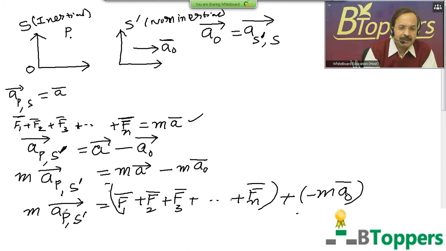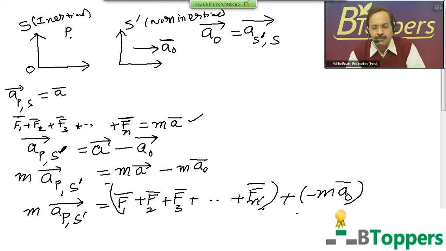But the product of the mass of the particle and acceleration of the particle with respect to non-inertial frame S dash will not be equal to the vector sum of all the real external forces acting on the particle. That means you cannot apply Newton's laws of motion in the original form, in the general form, with respect to non-inertial frame of reference.